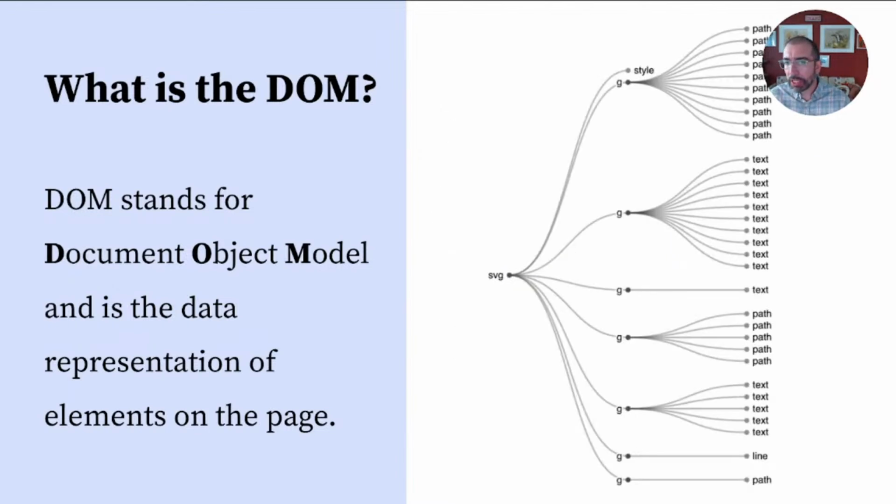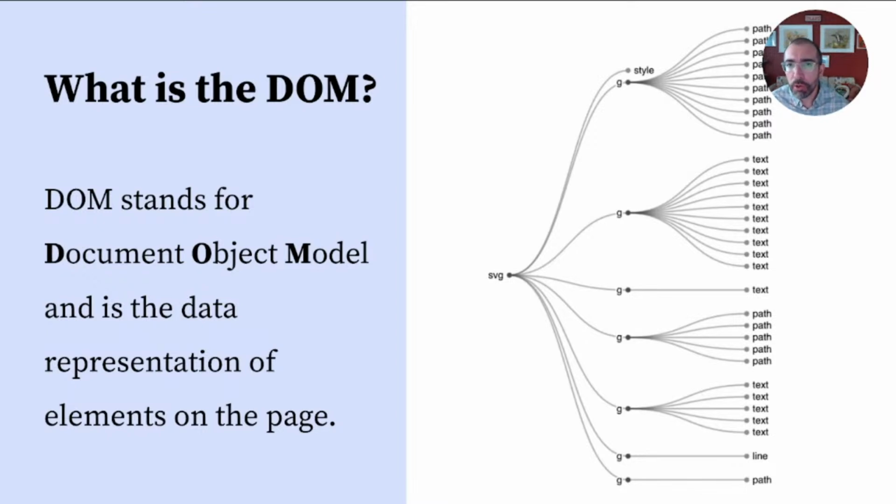So I've visualized this as a tree diagram. And the way that line chart is structured is you've got this parent SVG, which is the canvas that we're doing all of this visualization on. And within that, there's a bunch of group tags. You can think of these sort of like div containers, their way of containing multiple elements together.